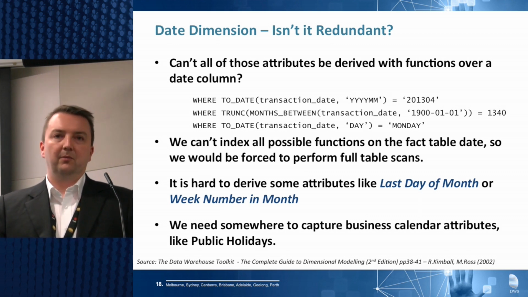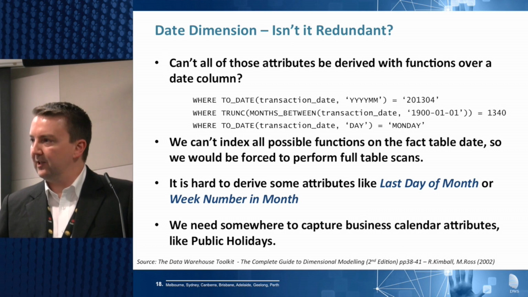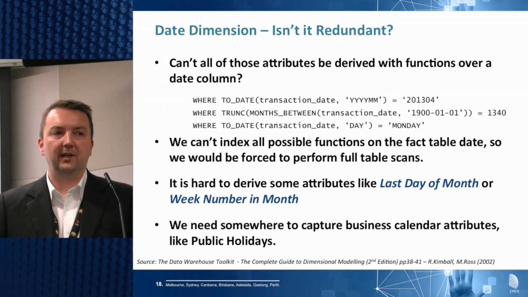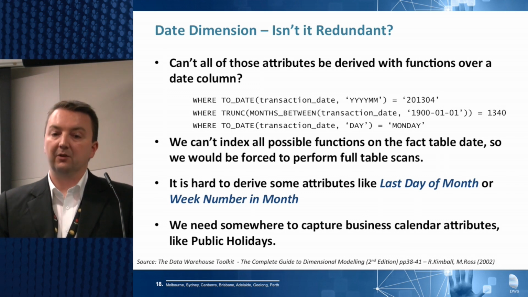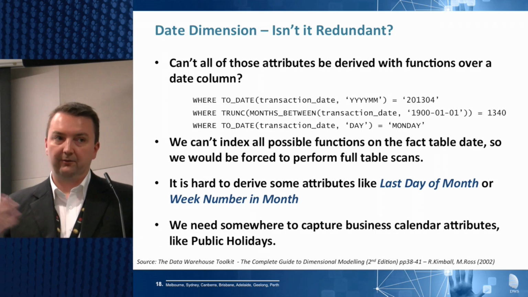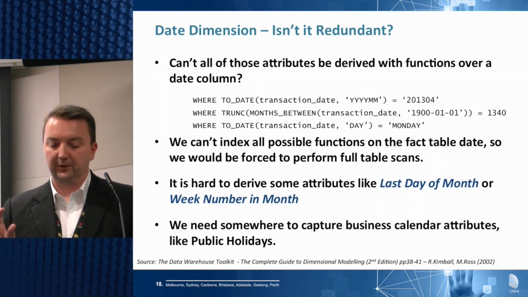I could come up with an arbitrarily large number of possible functions that we could run over that date. Can we really index them all? If our fact table contains 1 billion rows, are we going to create them all? I could easily stand here and rattle off 20 or 30 different possible and likely functions that the user might want to use to filter their query.